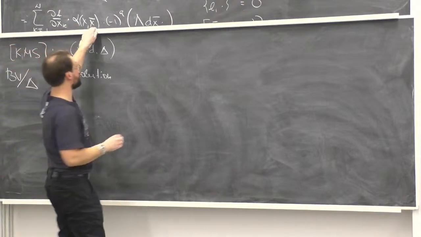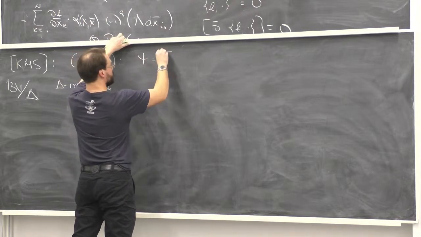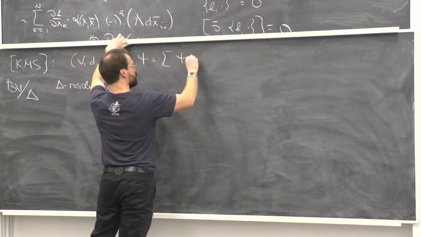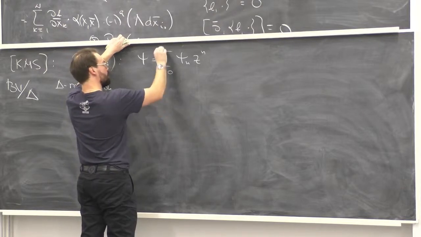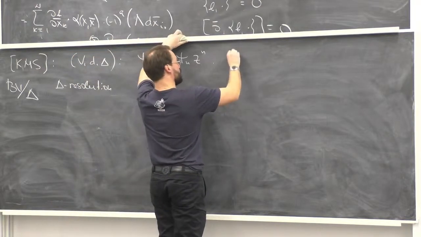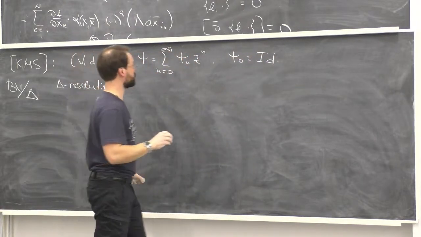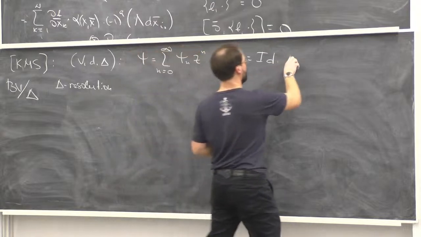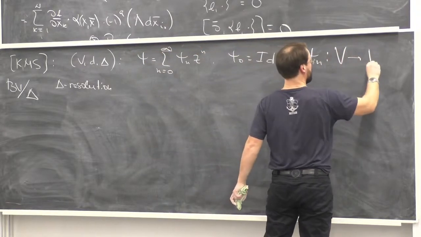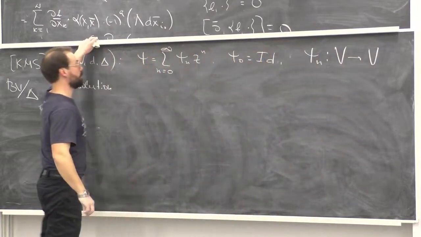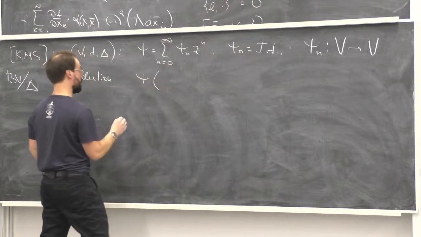That means that they have a series of operators such that the following identity holds.